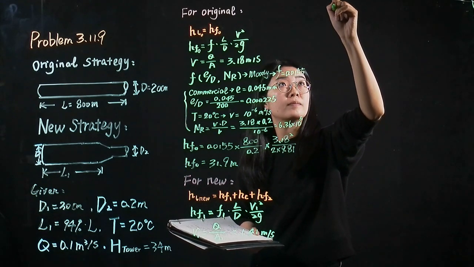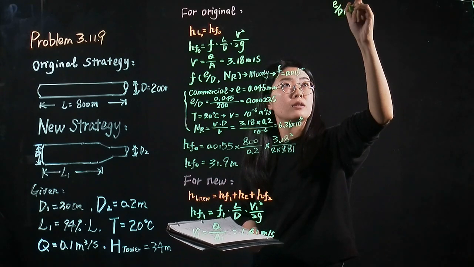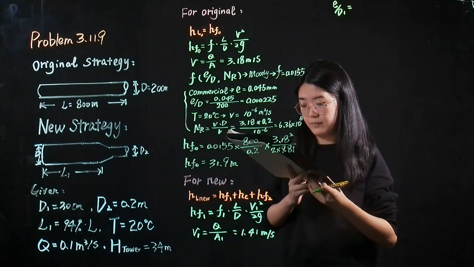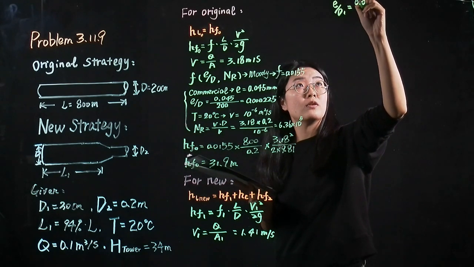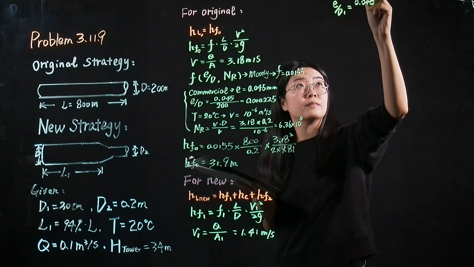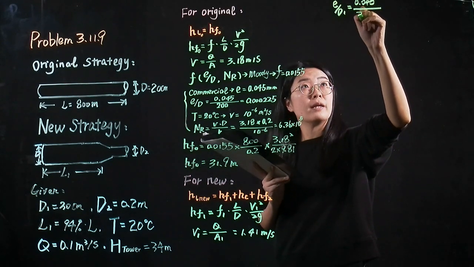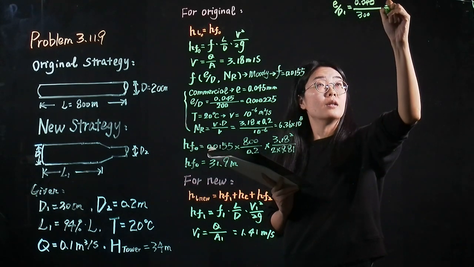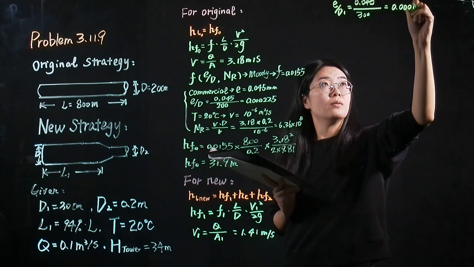It's E over D1, which is equal to 0.045 over 300 millimeter, equal to 0.00015.